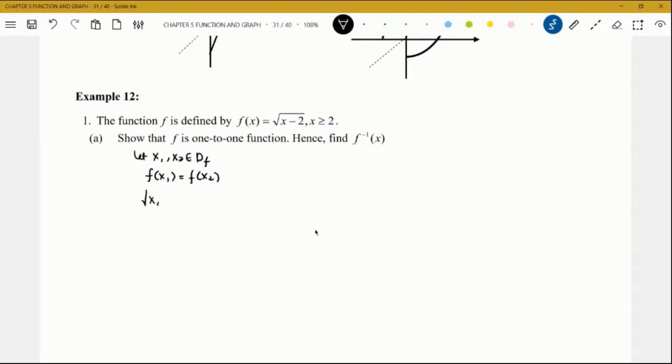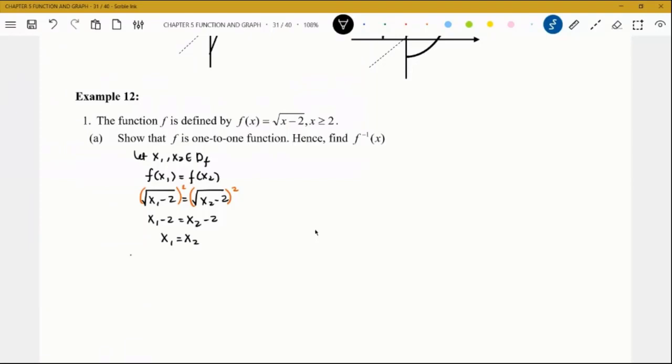Square root of x1 minus 2 equals square root of x2 minus 2. So to cancel out the square root, we need to square both sides. We have x1 minus 2 equals x2 minus 2. So we can cancel out the negative 2 here and here, and we end up with x1 equal to x2.